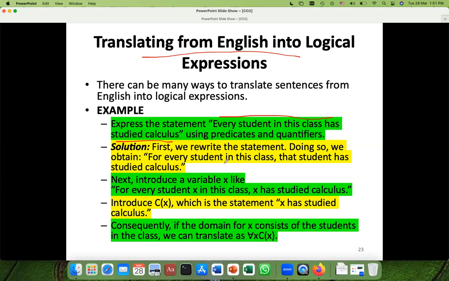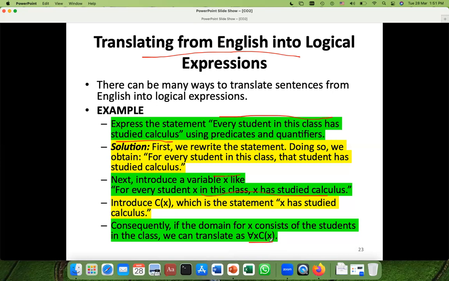So this is just a discussion. Next, introduce a variable x: for every student x in this class, x has studied calculus. You can consider your sentence in this form, or you can give it directly and say x is a variable, x is a student in the class.